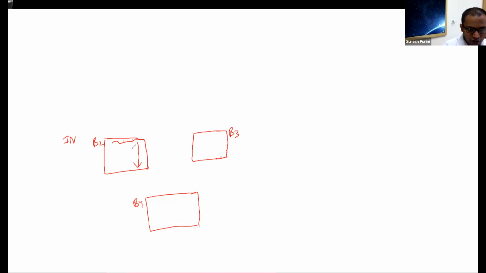Let's say in of B2 is a set of expressions that are available at the beginning of the basic block B2. Then the set of expressions that are available at the end of the basic block B2 is a function of the set of expressions that are available at the beginning of the basic block.